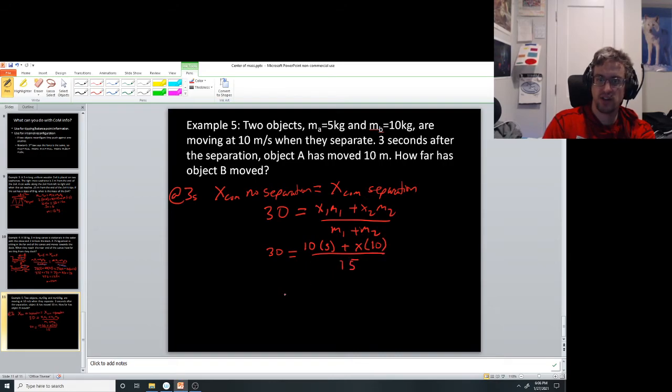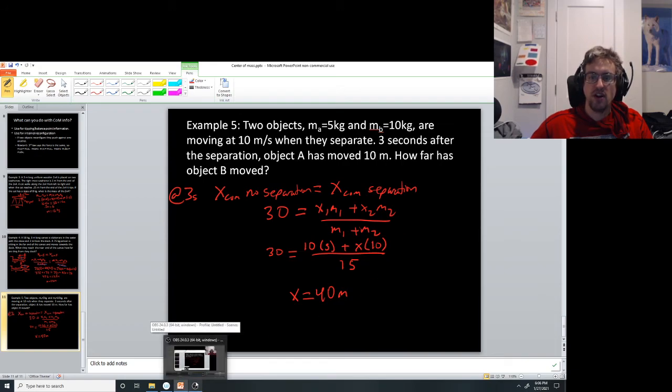And I can solve for x. X ends up equaling 40 meters. Now, you could have done this with momentum, separation, everything like that, and then kinematics, but it probably would have taken you more effort than just knowing that how the center of mass is moving is unchanged by them separating, as long as it's only internal forces.